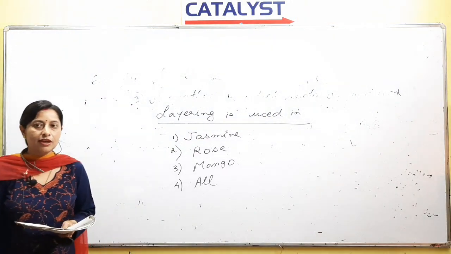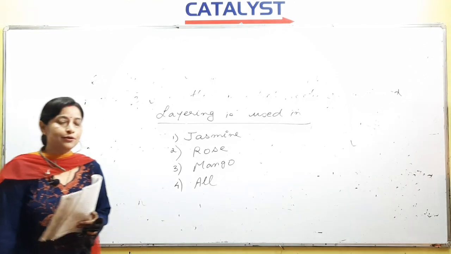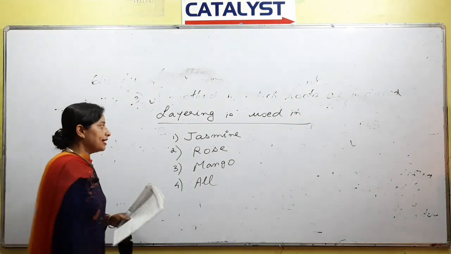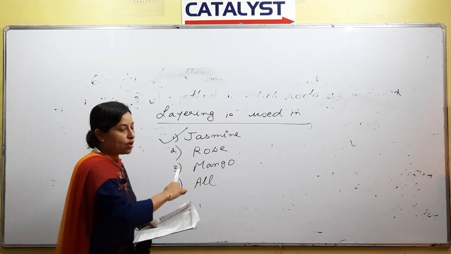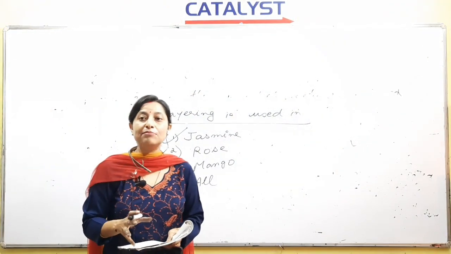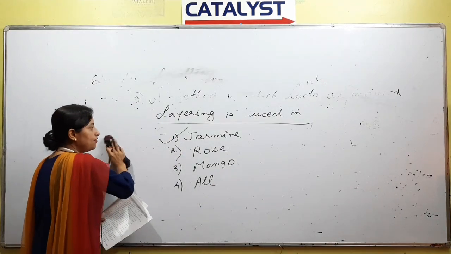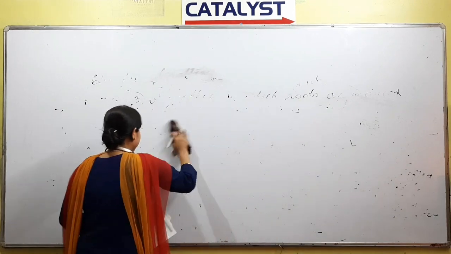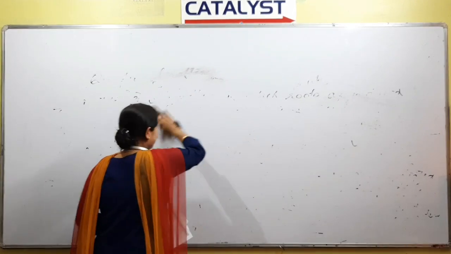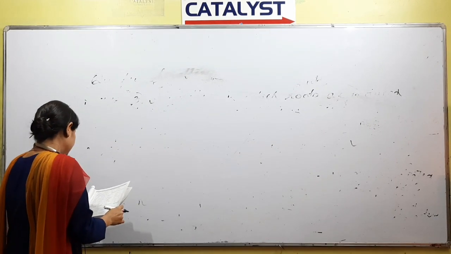To give the answer, what you have to remember is that the plant should not have very stiff branches. Yeah, the answer is jasmine. Generally, if you are talking about rose, we take rose as an example of stem cutting, right? So jasmine is the answer for layering. Good. I'm happy that you all have studied. So nice. Studied well. More questions.